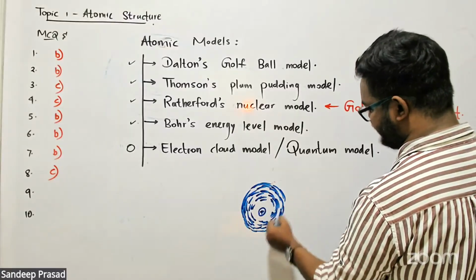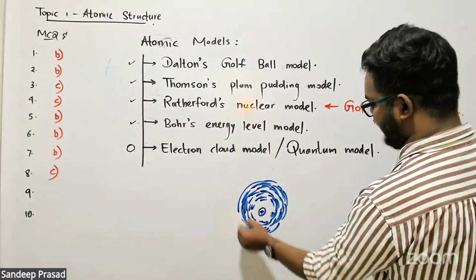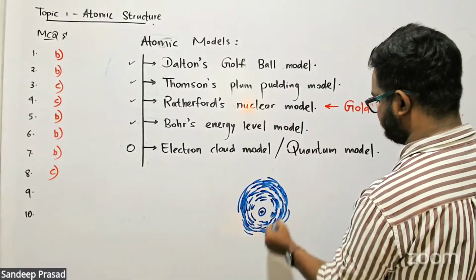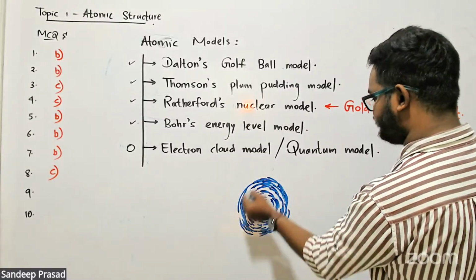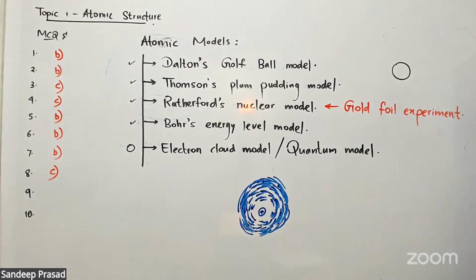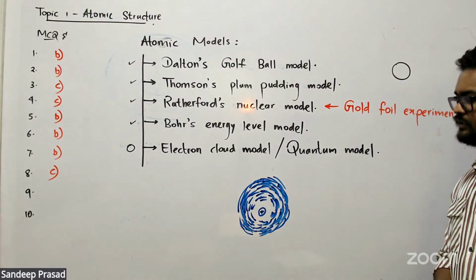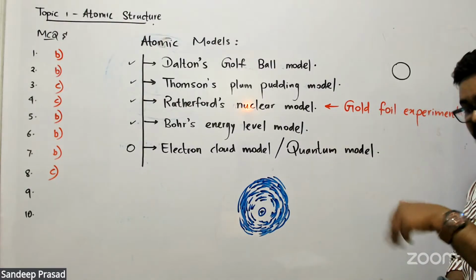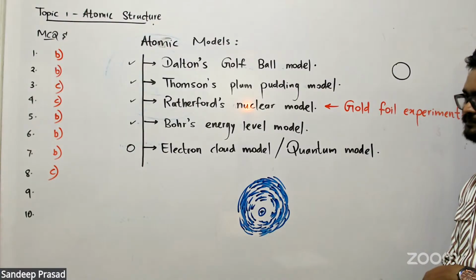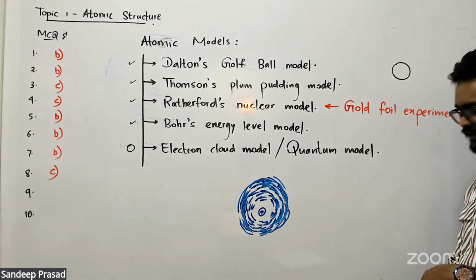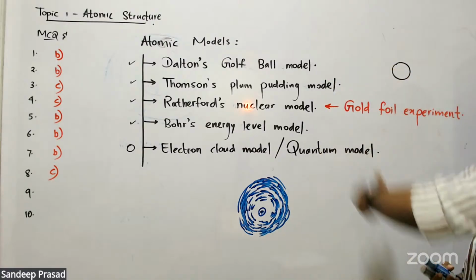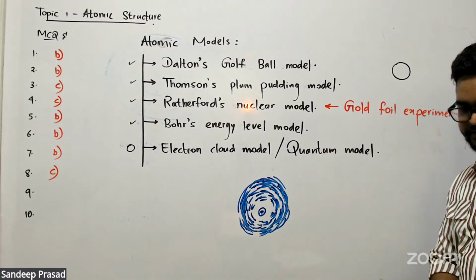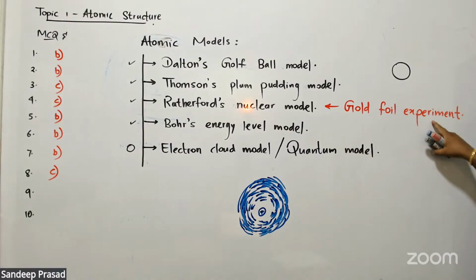There are no energy levels. Electrons are gathered like this as a cloud. This is known as the electron cloud model. Understood? So this is what we are learning in modern science. Quantum model for the atom. We are discussing the first four in detail under theories. Especially the gold foil experiment takes a very important place in these atomic models.